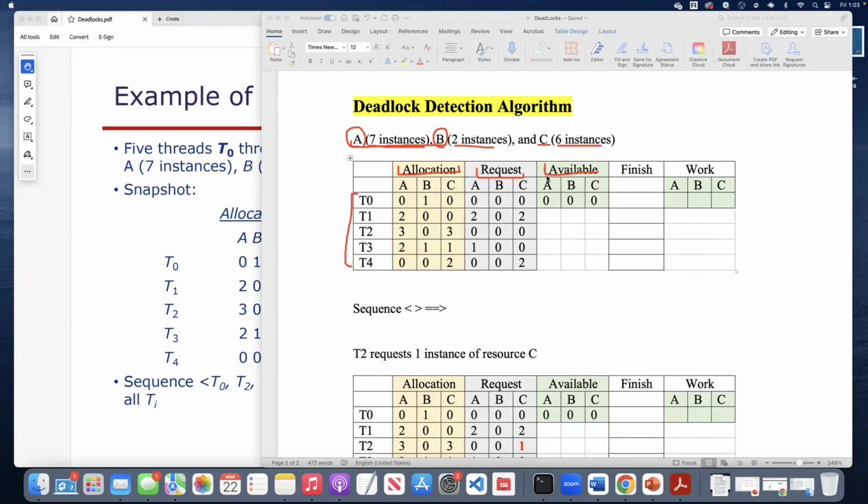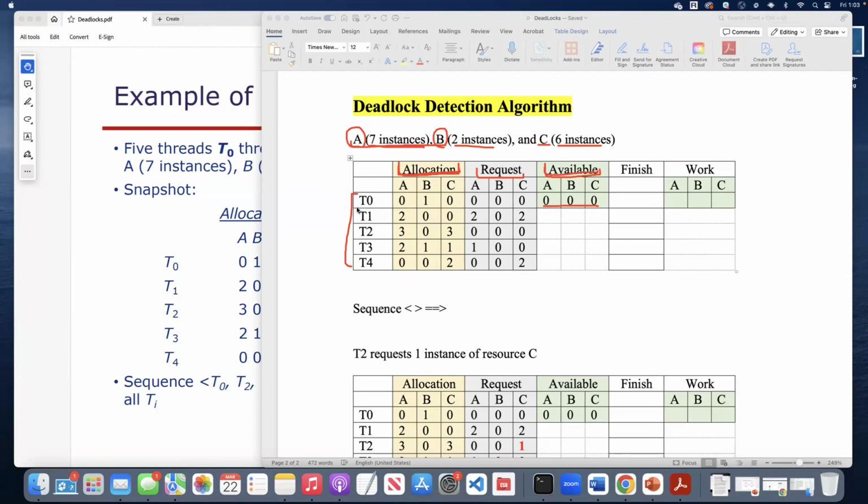Now the available is a 3-dimensional vector. It indicates the current available resources. Now the current available resources are 0, 0, 0. So now we don't have any resource instances available. Allocation is a 5 by 3 matrix.